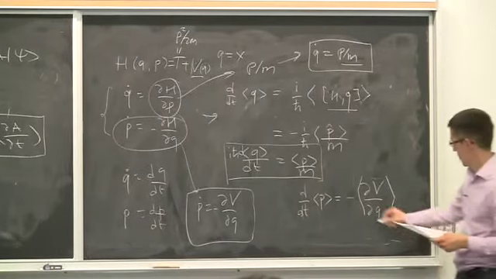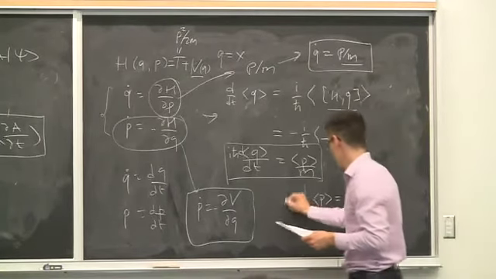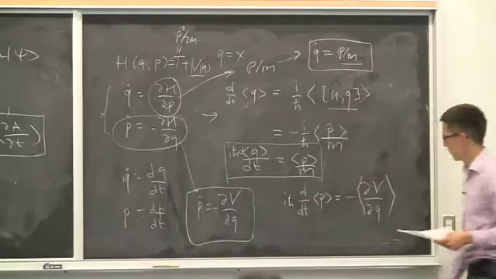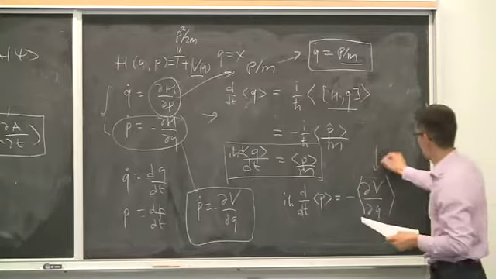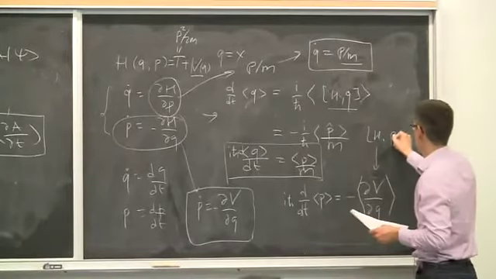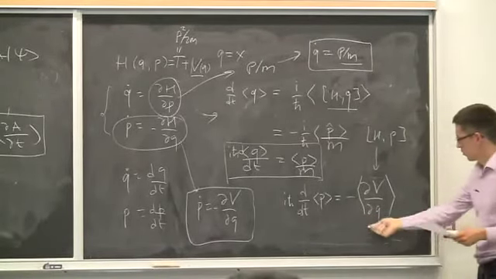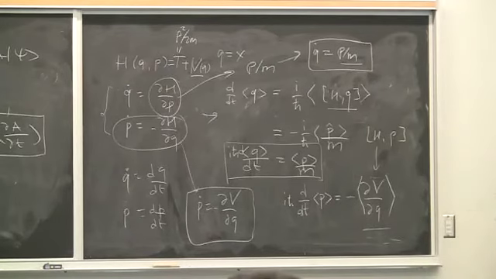So from the quantum hp commutator, you get the derivative of the potential with respect to the position.